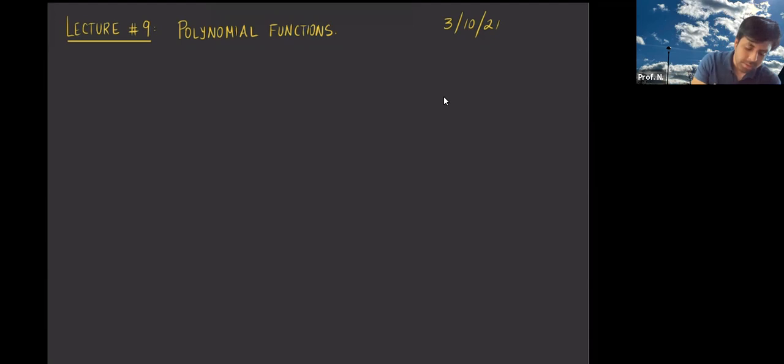So we say a polynomial has this form, right? P of x. We normally denote P as a name for the polynomial function. And then we write it this way: a sub n x to the n plus a sub n minus 1 x to the n minus 1 plus dot dot dot plus a sub 2 x squared plus a sub 1 x plus a sub 0.